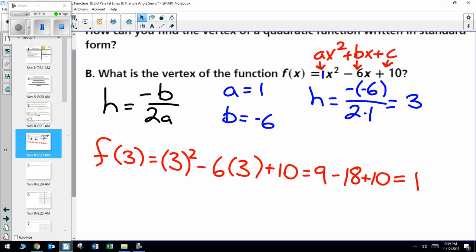So, my final answer, my vertex is at the point 3, comma, 1.